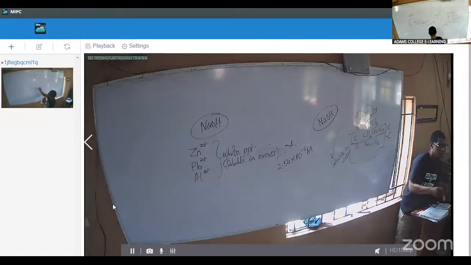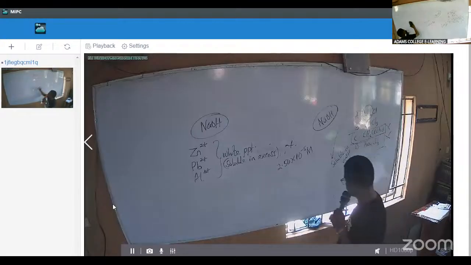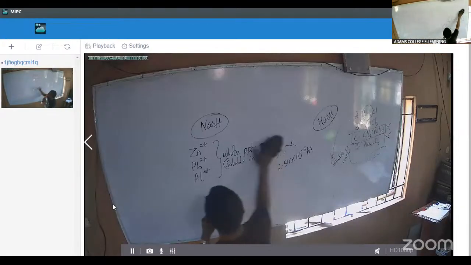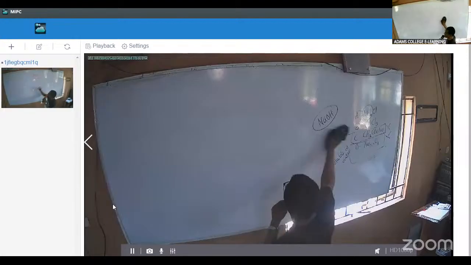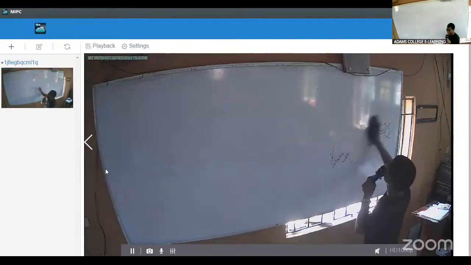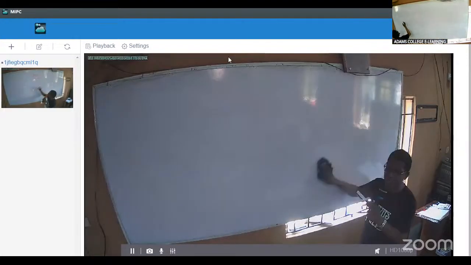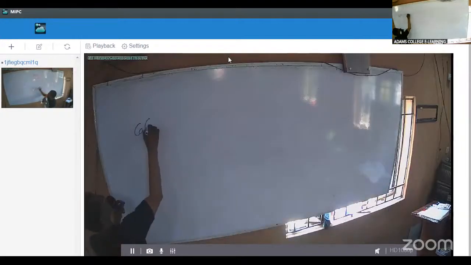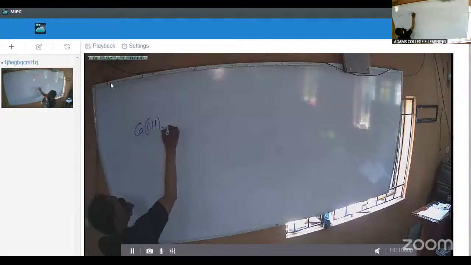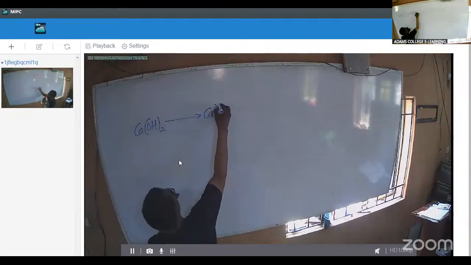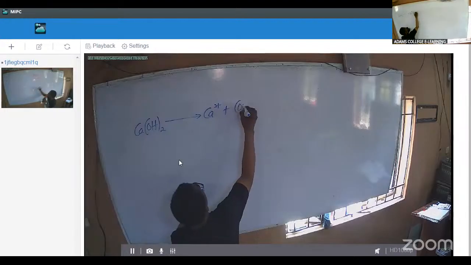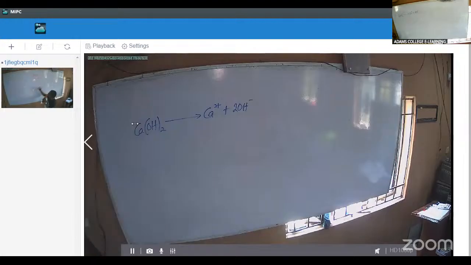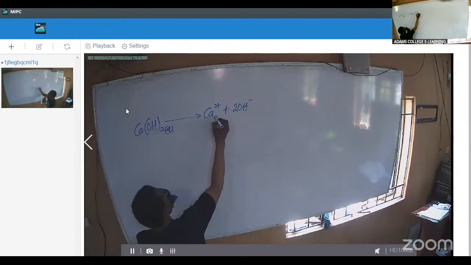Let's look at this 2.50. Now, anything that has to do with pH, you are interested in how many moles of the hydroxyl or the hydrogen ion is there. They give us calcium hydroxide. So that will give us calcium ion and then OH, very important. This is aqueous and then aqueous.